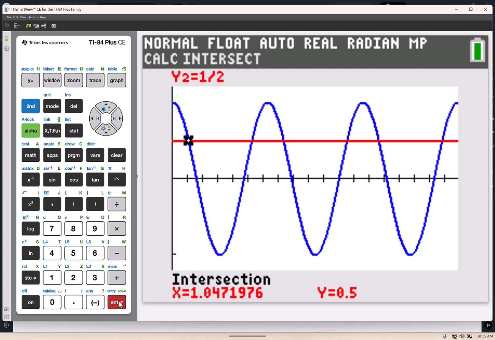Go to the one you want. Say the word intersection.